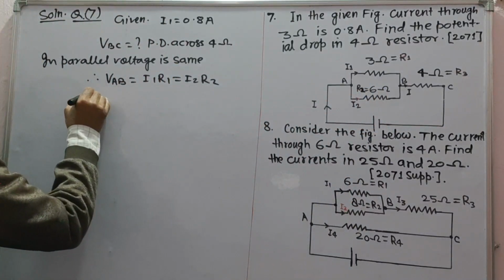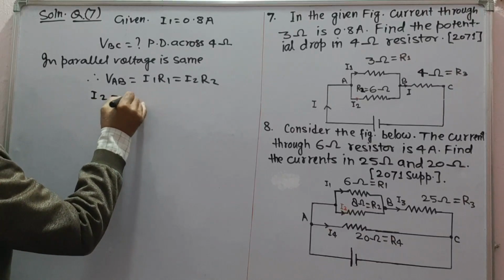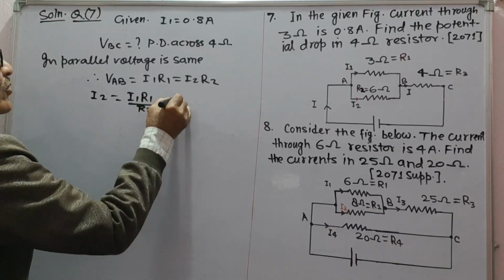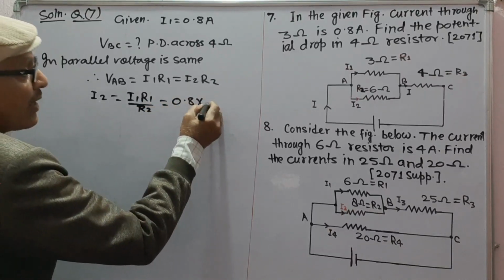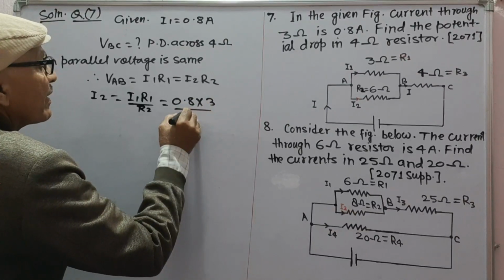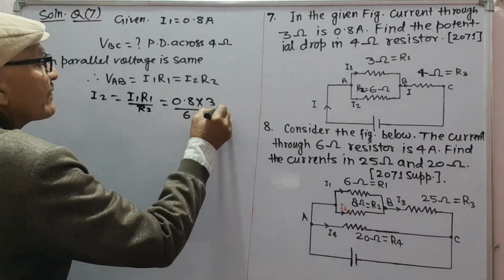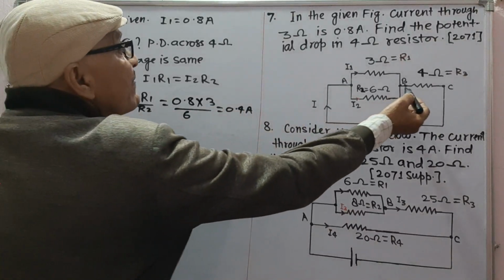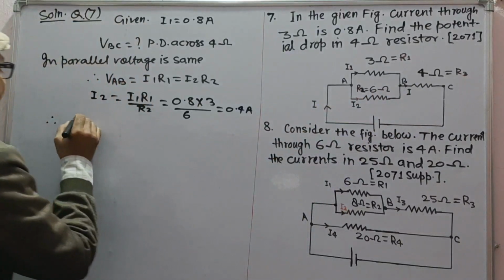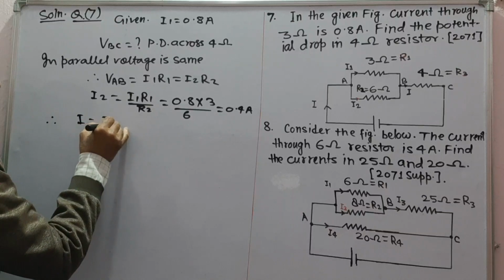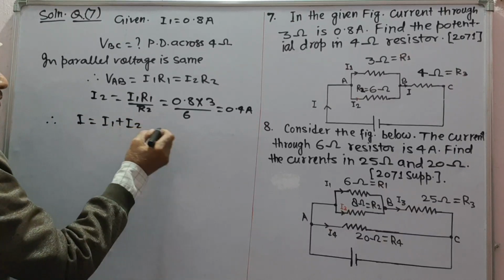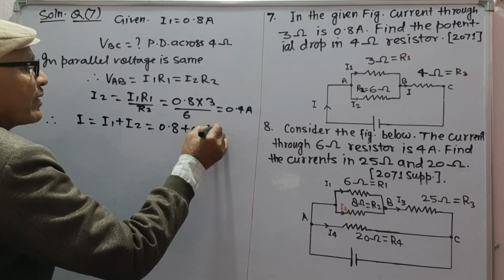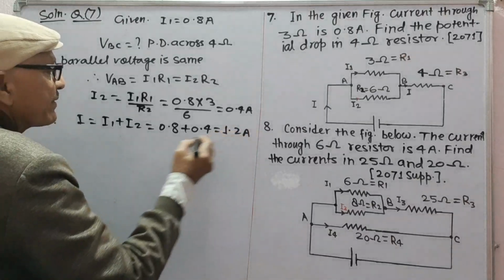So I2 will be equal to I1 R1 upon R2, values are known, 0.8 into R1 is 3 upon R2 is 6. This gives 0.4 ampere. Therefore, I will be equal to I1 plus I2. This is 0.8 plus 0.4, which is 1.2 ampere.